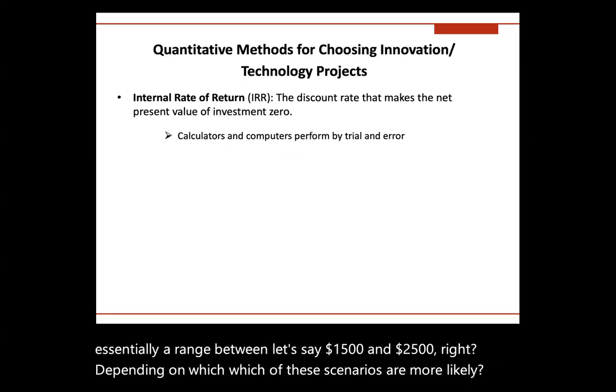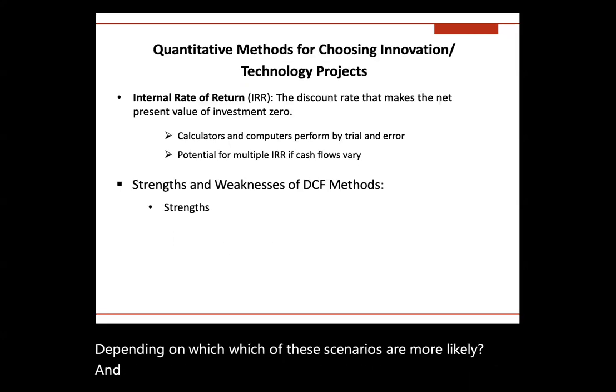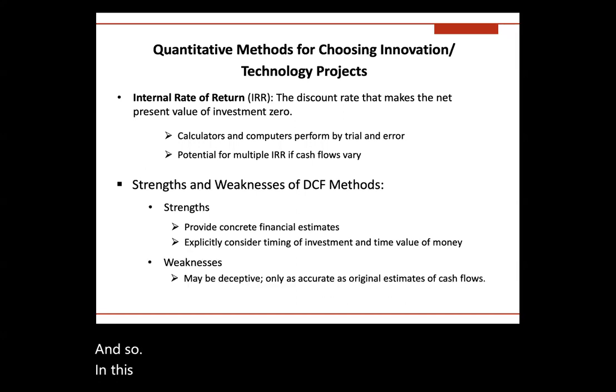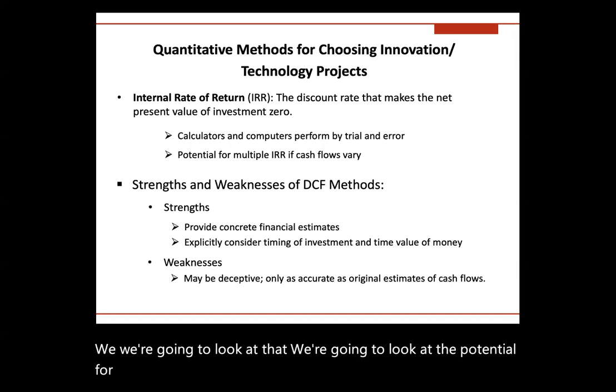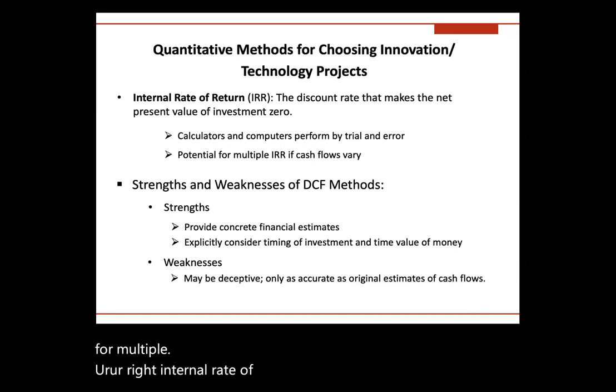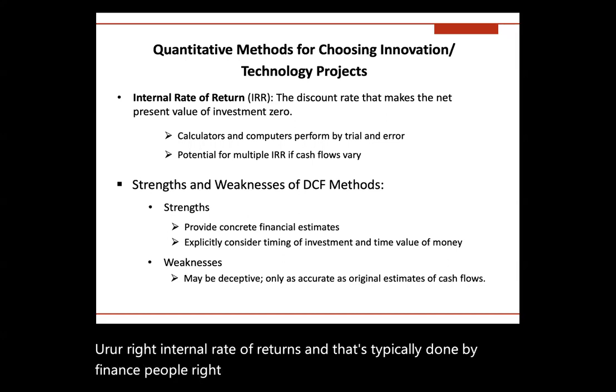And so in this case, we're going to look at the potential for multiple IRR, right? Internal rates of return. And that's typically done by finance people, or project managers might also have to be involved in that.